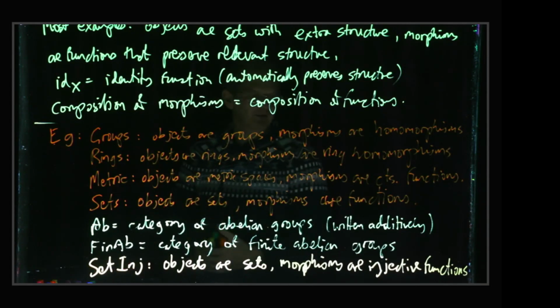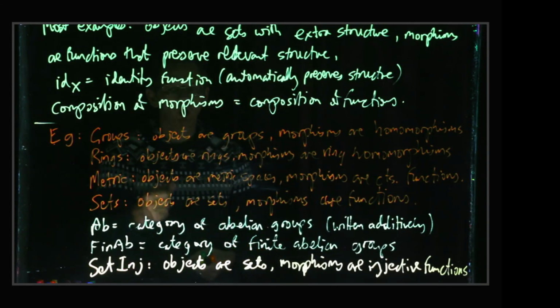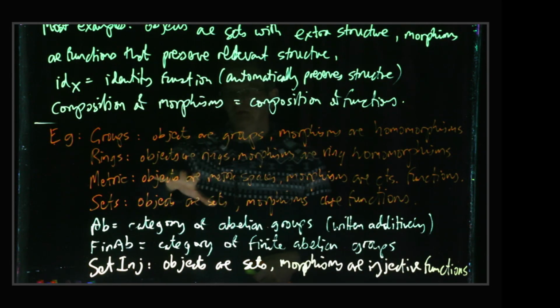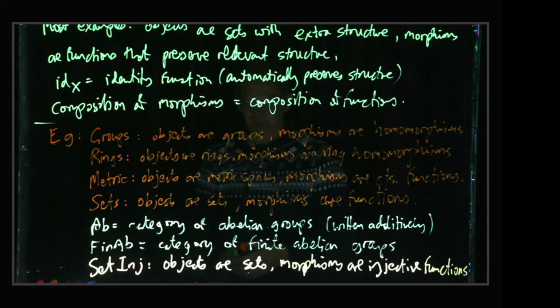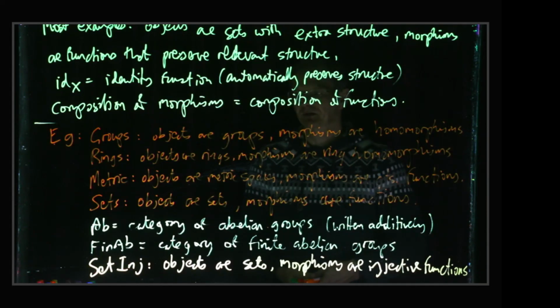And so you could have a subcategory which I call metric 1. Again, the objects are just metric spaces, but in that category, the morphisms are distance decreasing functions. So that's a decent menu of examples of categories and their morphisms.